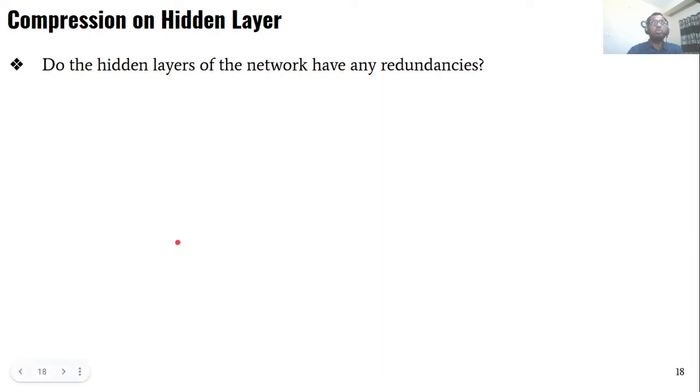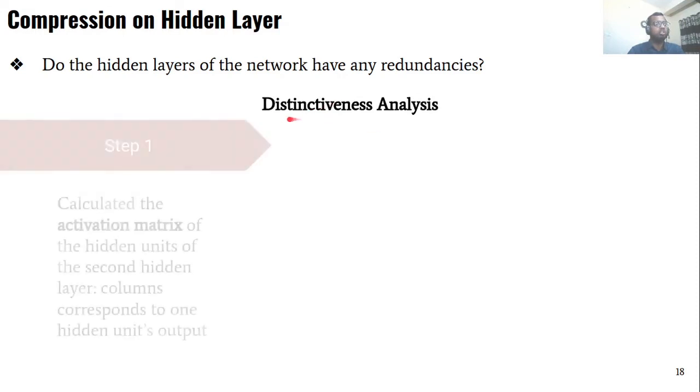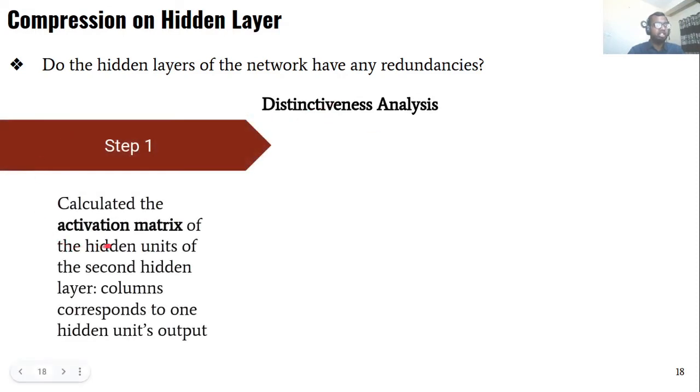Now regarding the pruning on the hidden layer, or we can say the compression on the hidden layer, our question here was: does the hidden layer of the network have any redundancies? To answer this question, we use a distinctiveness analysis. First we used the activation matrix.